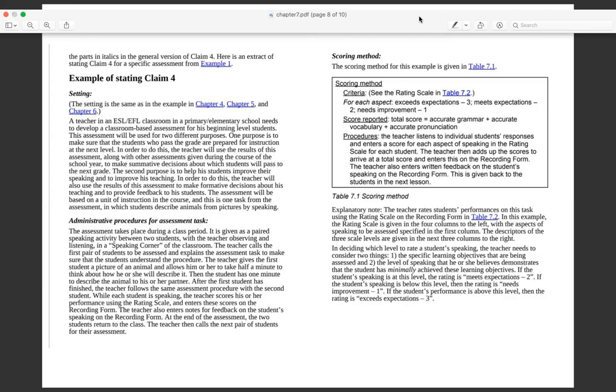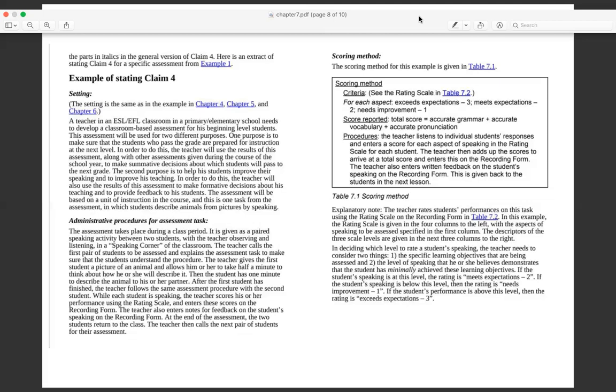So if the student is speaking at this level, it is okay, you give them 2. If it's below the level, 1, and if it's more than the level, you give them 3.